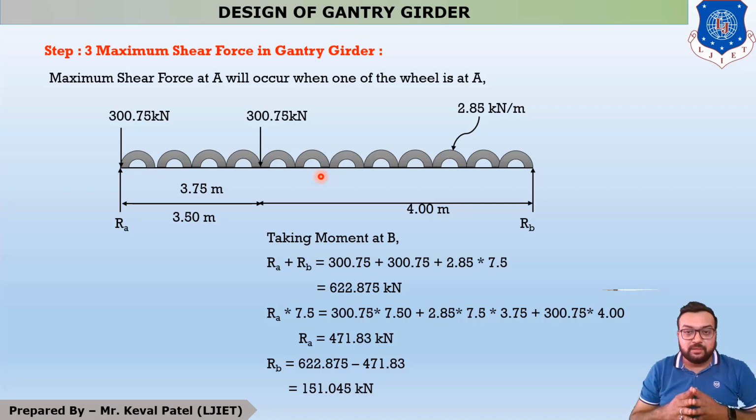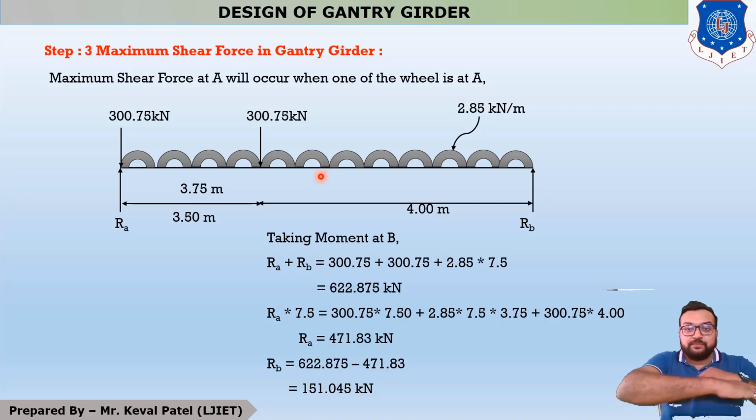And in the third step, we have to find out the maximum shear force generated in the gantry girder. This is the gantry girder having a span of 7.5 meter.